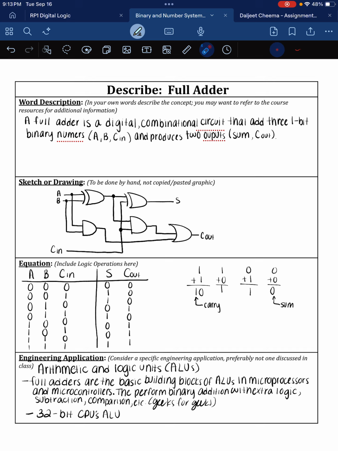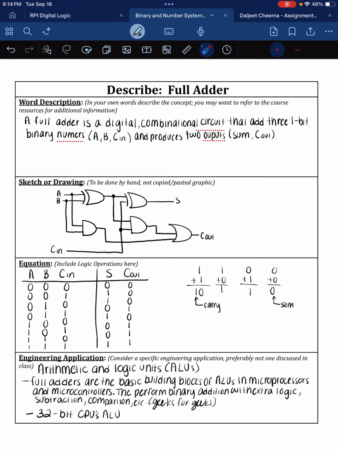So for example, when you're adding 1 and 1 together, you get 2 as a sum, but you write it as 10, or 1, 0, which represents the binary form, and I'll show that later on. And then carry out is essentially going to be the same thing.